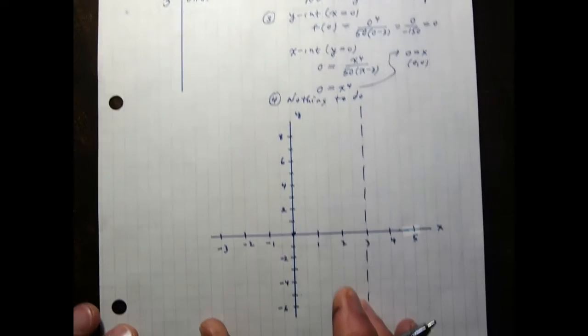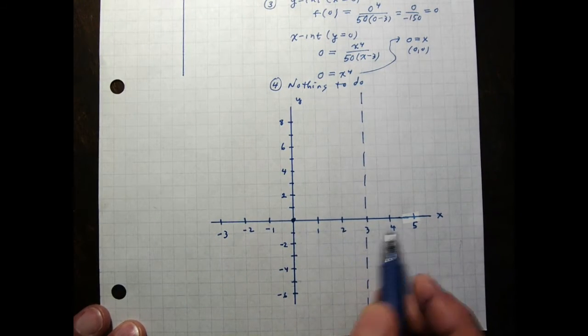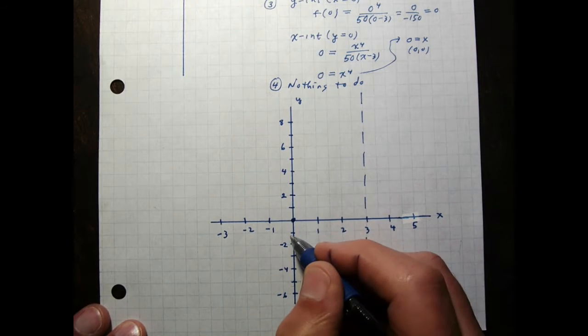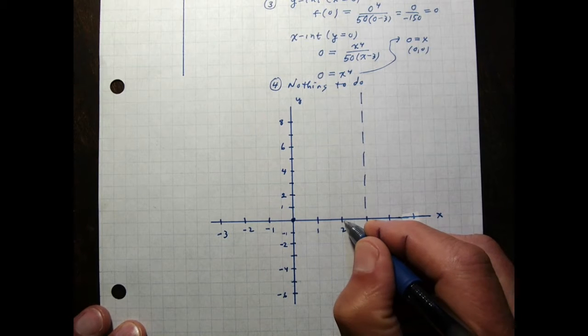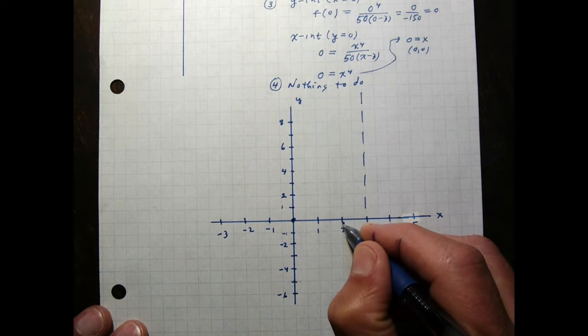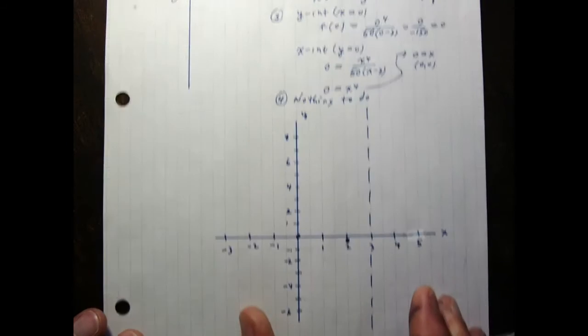So I can approximate the location of that point. Now, I spread out the scale on my x-axis, but not on the y. On the y, it's still each square is 1. So at 2, I'm about a third, right about negative 0.3. So I'm just approximating the location of that point right there.